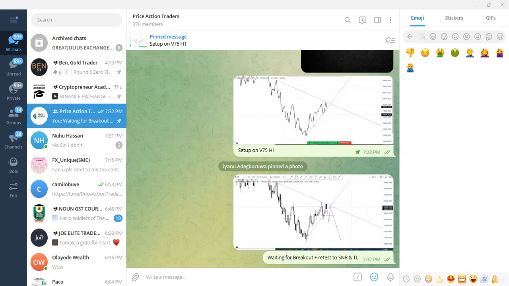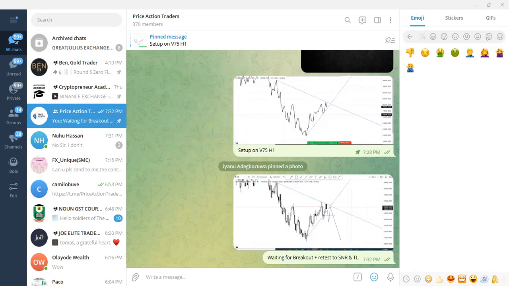So you can also use a trend line that connects, if you have a connection there. So you can imagine the big drop there.